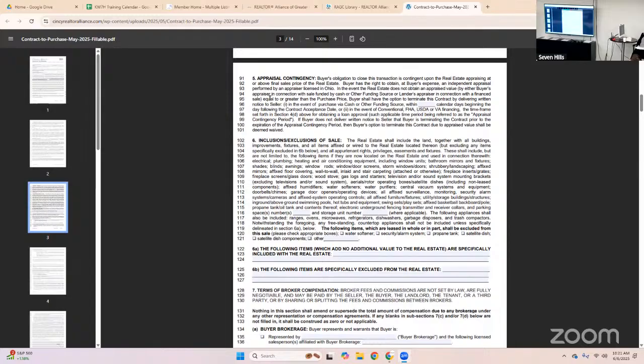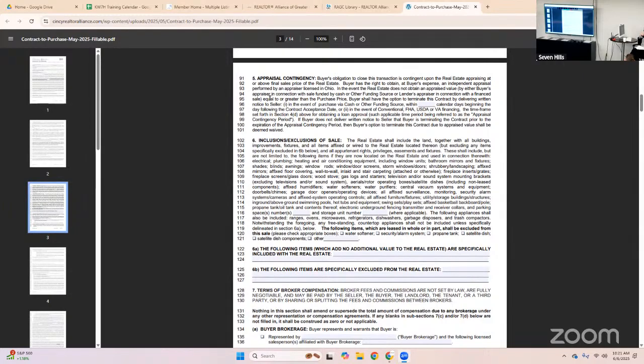In the event the real estate does not appraise at a value equal to or greater than the purchase price, buyer has the option to terminate this contract by giving written notice to seller within the applicable time period following the contract date, or for FHA, USDA, or VA financing, the time set forth in section 4E above for obtaining a loan.